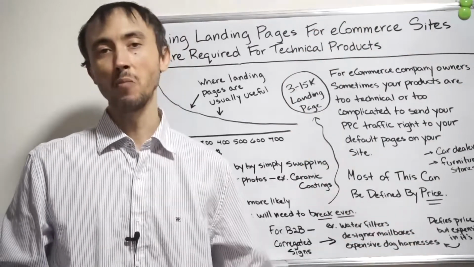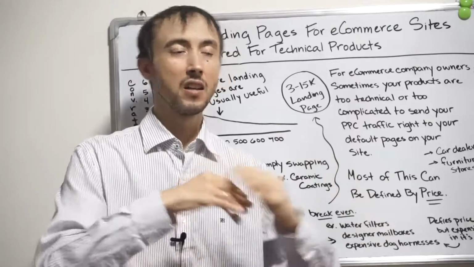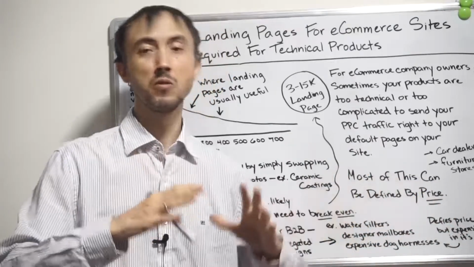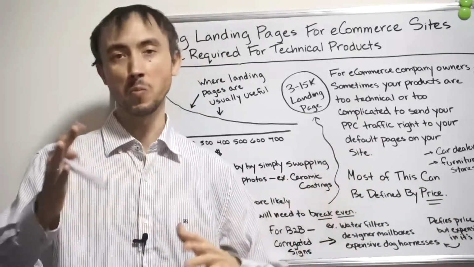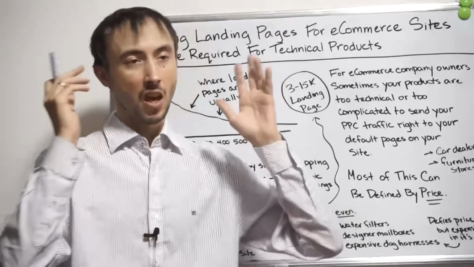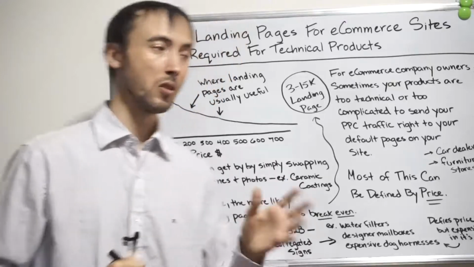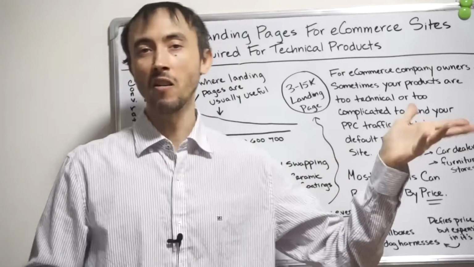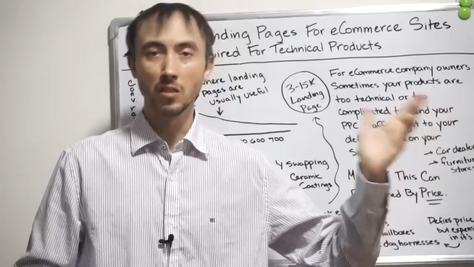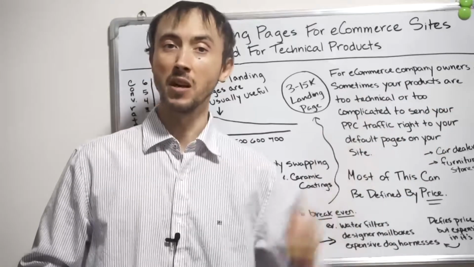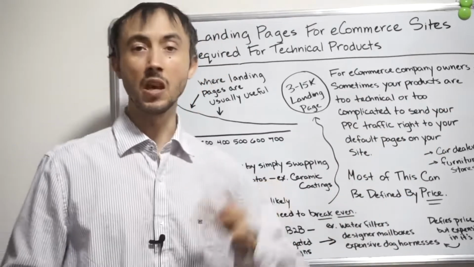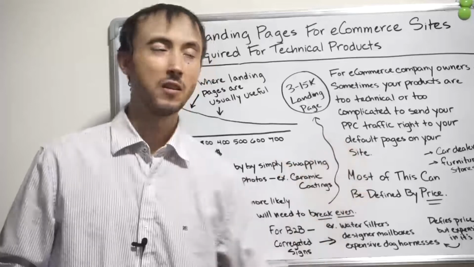For you guys who are already making PPC work but hit a roadblock, if you're in one of the categories I mentioned, more expensive or technical products, this could be the thing that launches you into the stratosphere as well. So it doesn't matter where you're at, e-commerce owners, this can potentially make you a lot of money and give you everything you need to know to do it.